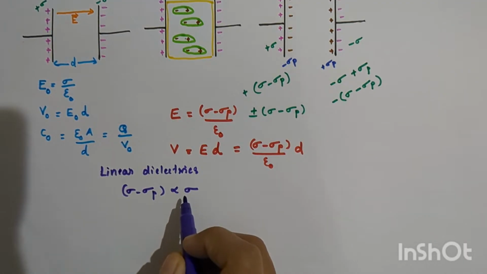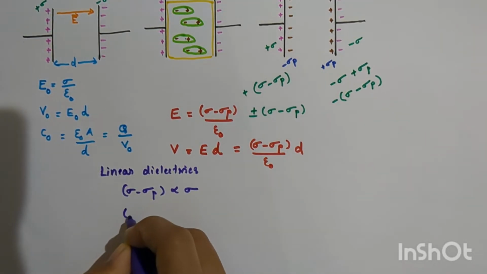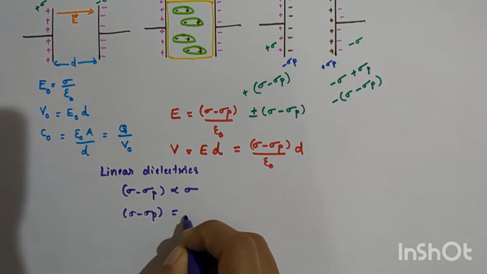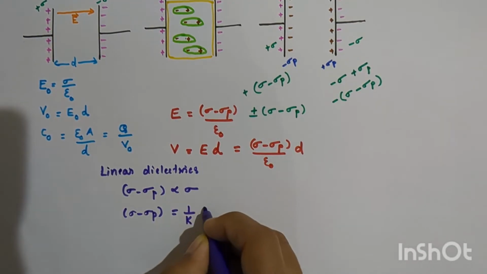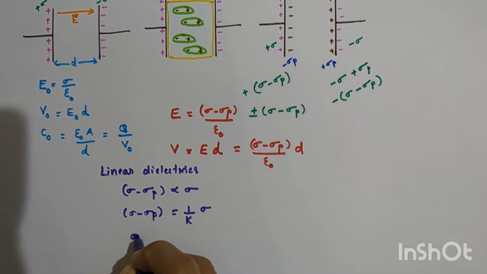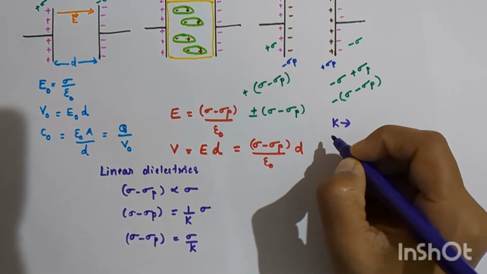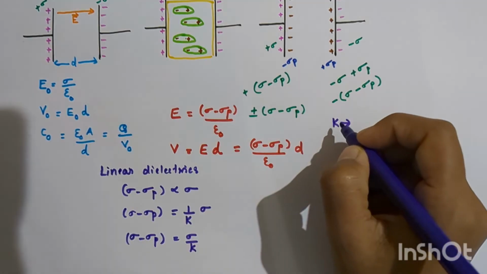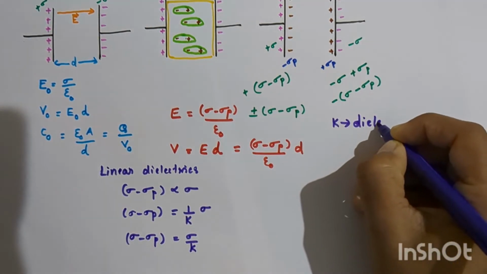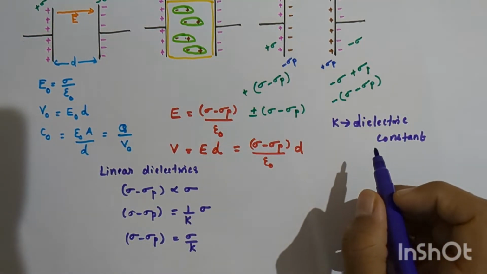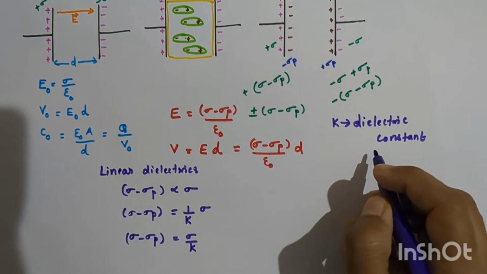Now when we replace this proportionality sign with an equal sign, we have to write a proportionality constant here. I am writing it as 1 by k, so 1 by k into sigma. That is, sigma minus sigma p is equal to sigma by k, where this k is a constant which is a characteristic of the dielectric, and this constant is known as the dielectric constant.